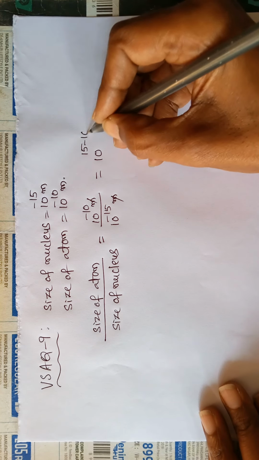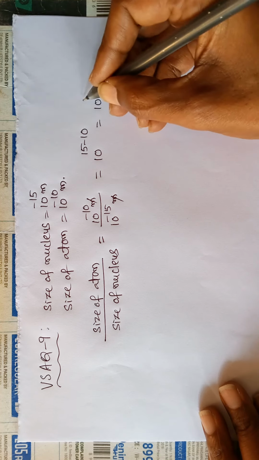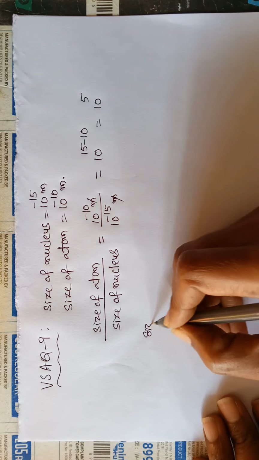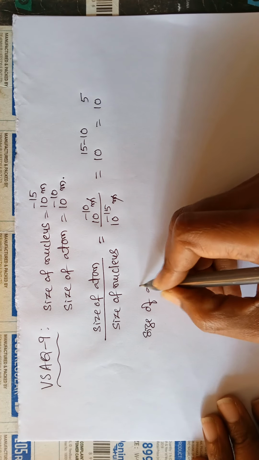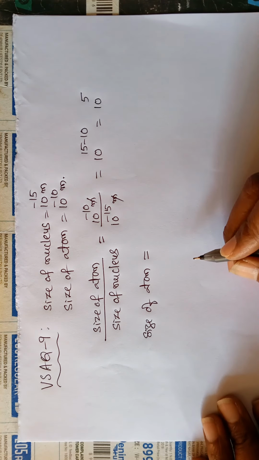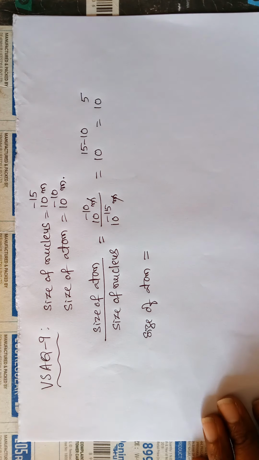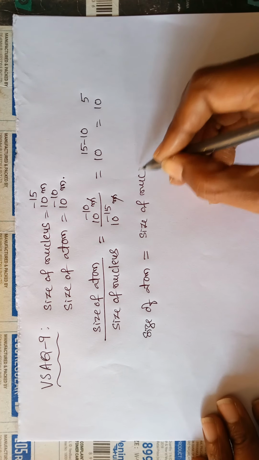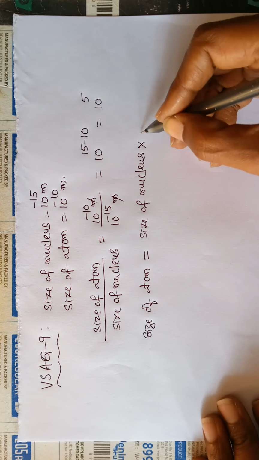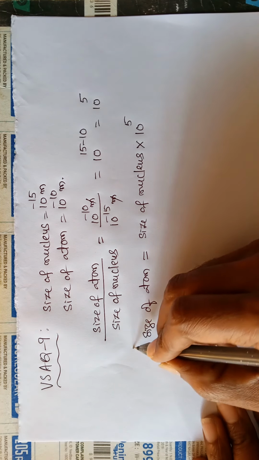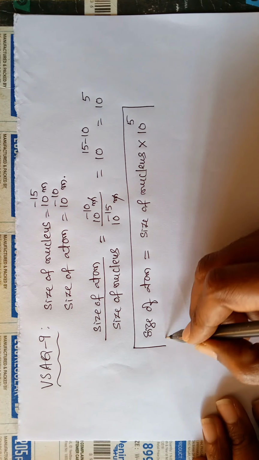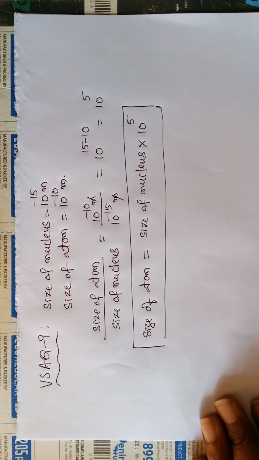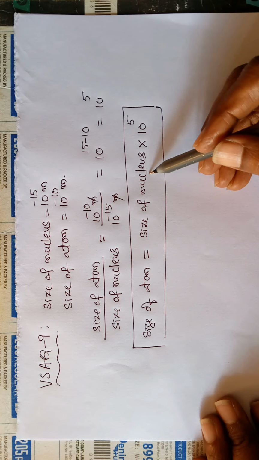Here minus 10. That is 10 power 5. So size of atom is equal to, you take the size of nucleus to the right hand side, size of nucleus into 10 power 5, you got the answer. Size of atom is 10 power 5 times larger than that of nucleus.